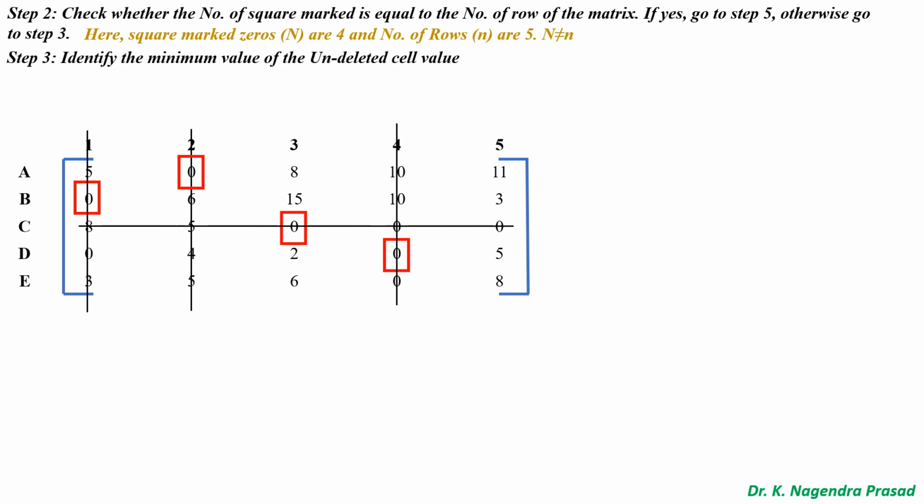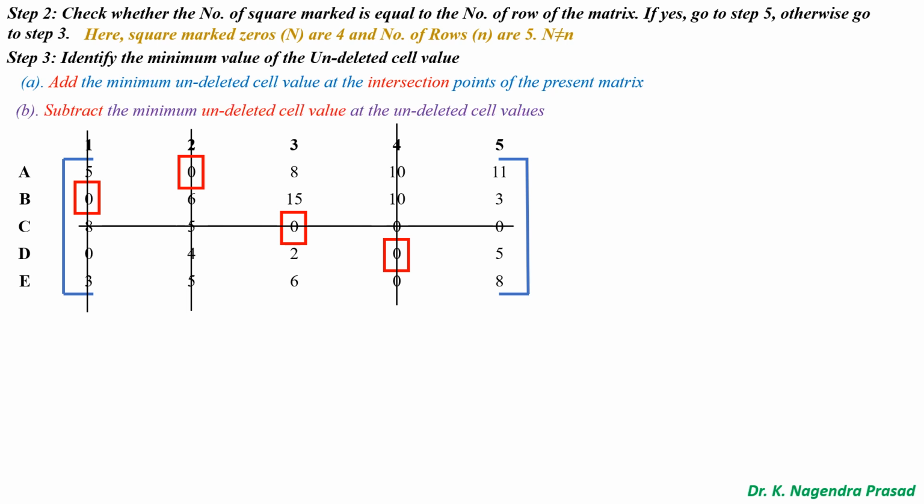Step 3 is to identify the minimum value of the undeleted cell values. After identification of this minimum value, add the minimum undeleted cell value at the intersection points of the present matrix and subtract this minimum undeleted cell value from the undeleted cell values, and all other entries remain the same.